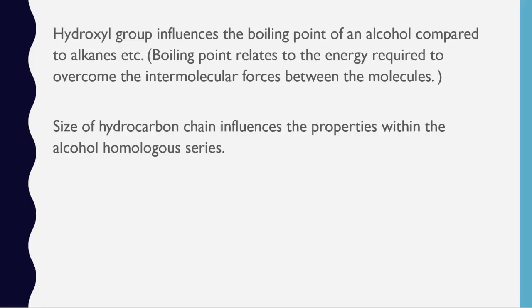So going back to this slide here, you can see the boiling point of an alcohol compared to alkanes relates to the energy required to overcome those forces. And as we've already discussed, the increase in the size of the hydrocarbon chain also increases the dispersion forces, which will also affect the energy required to break them.